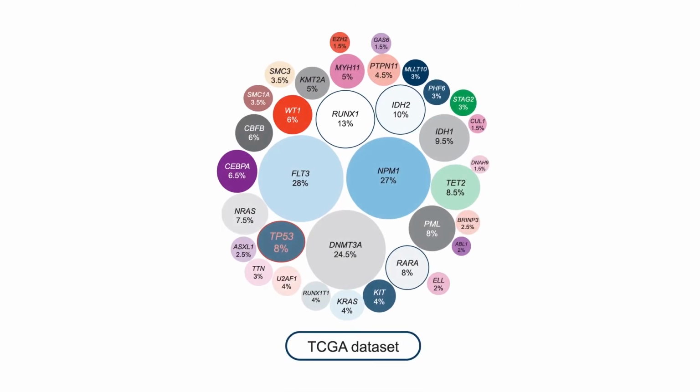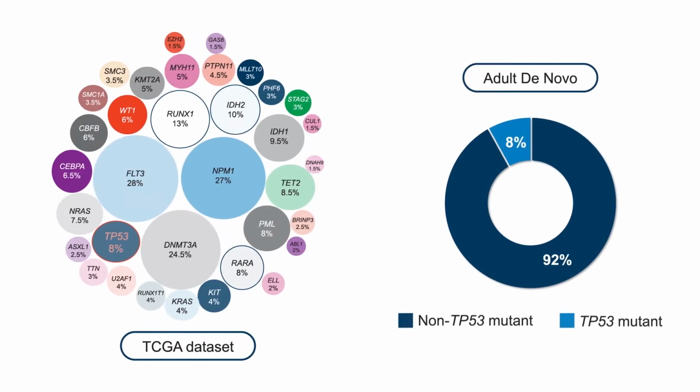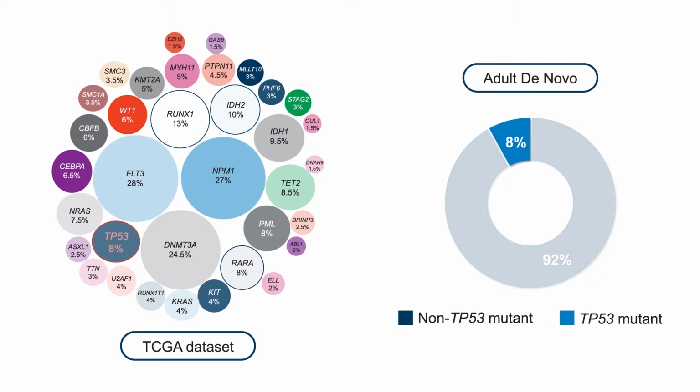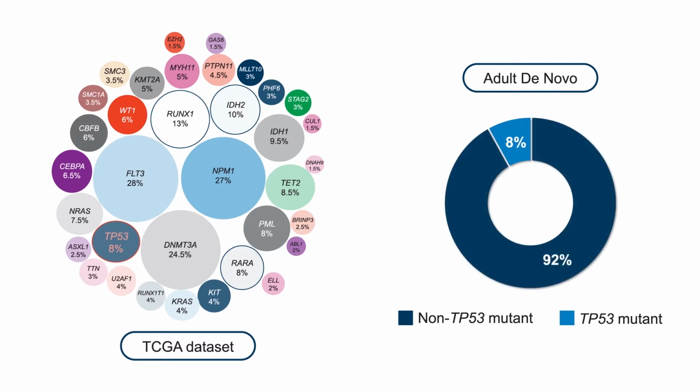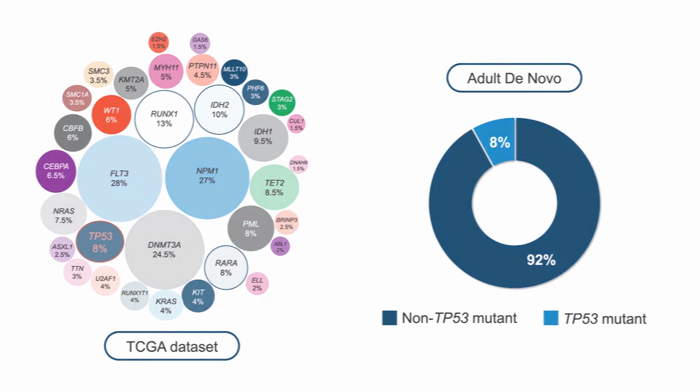P53 mutations have been detected in various cohorts of AML using next-generation sequencing and other techniques. In the Cancer Genome Atlas, or the TCGA dataset, 8% of AML patients had P53 mutations. This is in adult patients with de novo AML.